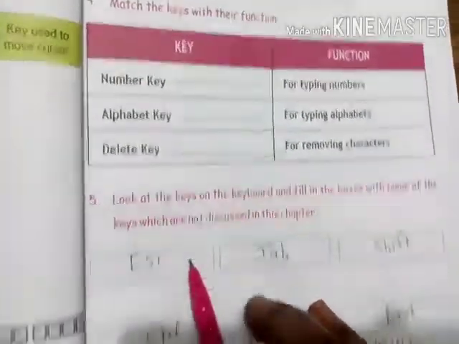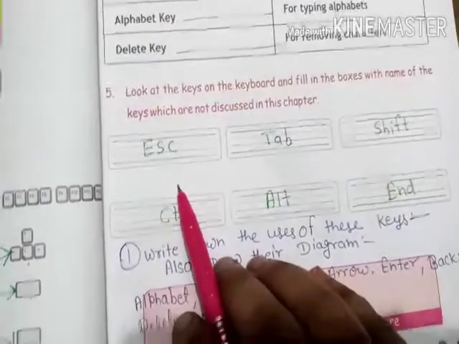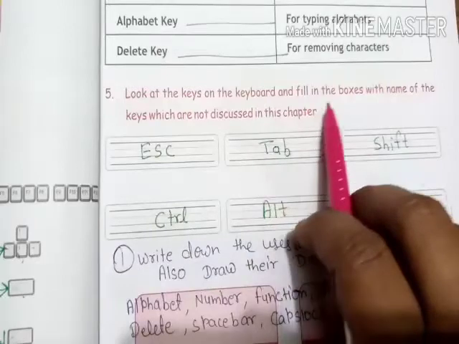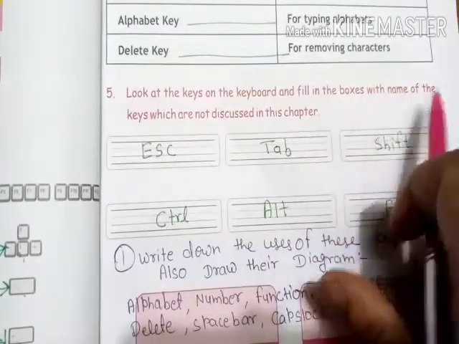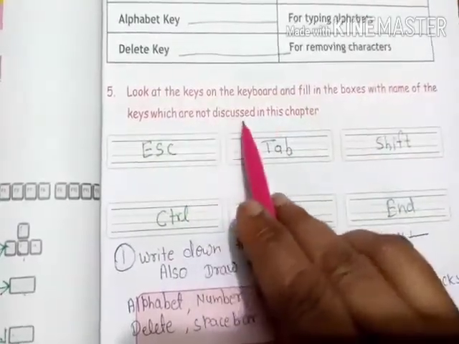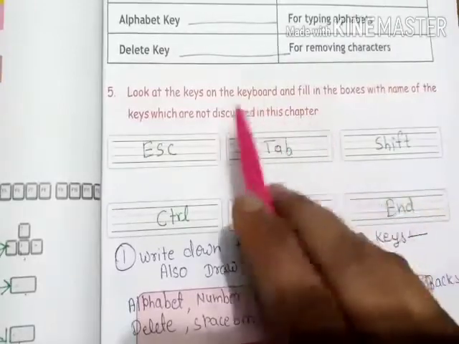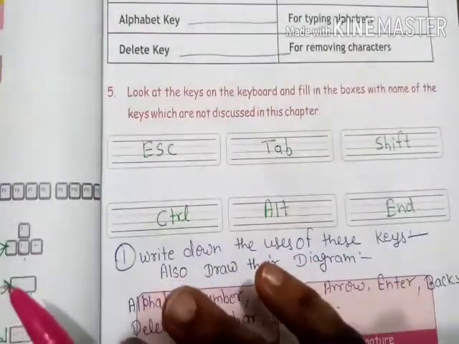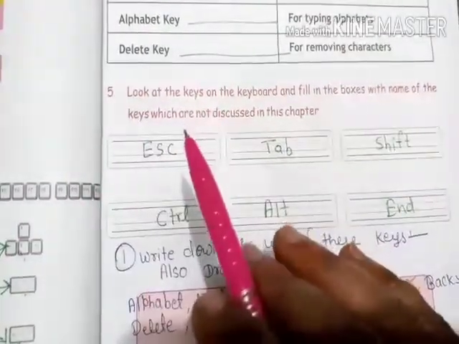We are moving to the next question, question number 5. Look at the keys on the keyboard and fill in the boxes with the names of the keys which are not discussed in this chapter. The keys which we have already learned in this chapter, you have to leave those, and find the keys that are not explained in this chapter.